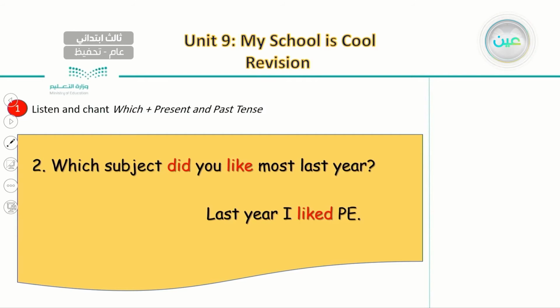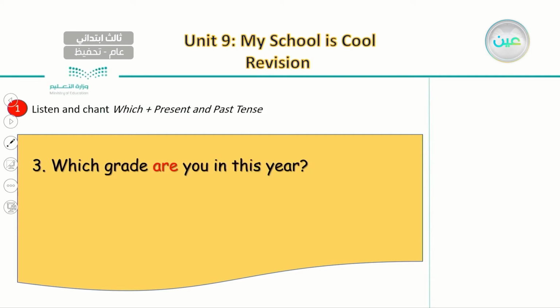Also with the other question, number 3, which we use in the present, which is about which grade are you in this year? With this question, we also answered in the present. We said, this year I am in the 6th grade. So here, in the question, we use the present, and also in the answer, we use the present as well.